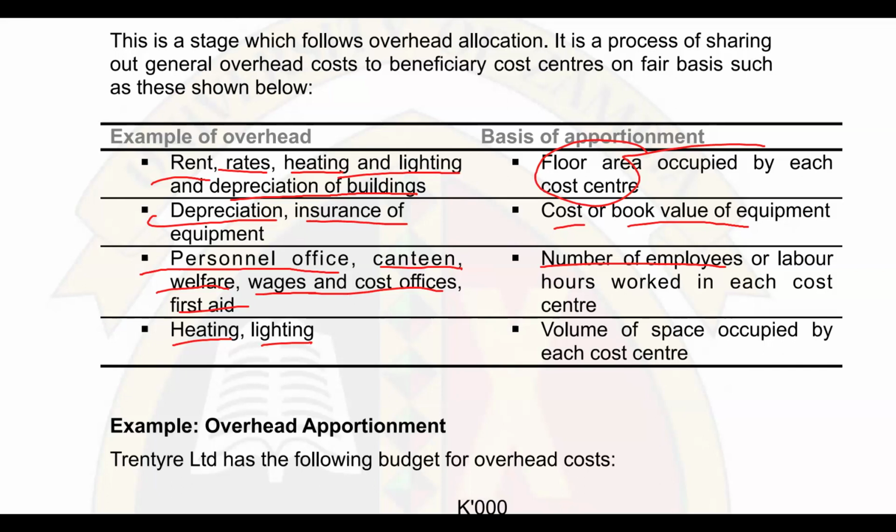For example, lighting, you can use the volume of the areas occupied. If you say electricity, the basis may be the kilowatts, or maybe the bulbs that have been used for lighting. Use the most appropriate basis. That's the message I am communicating to you. Does that help?